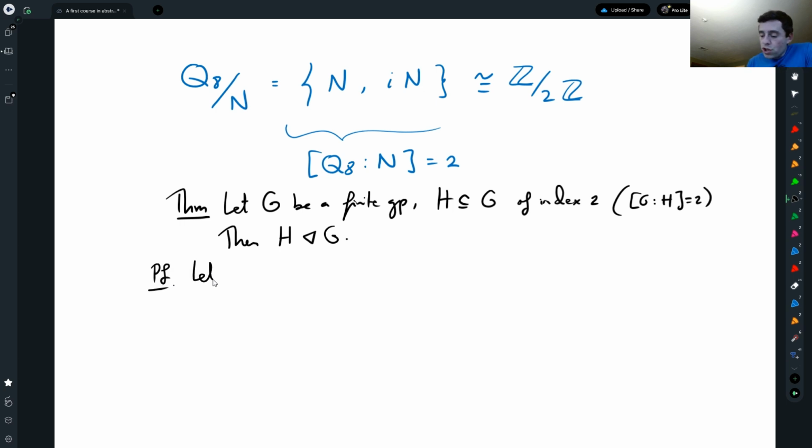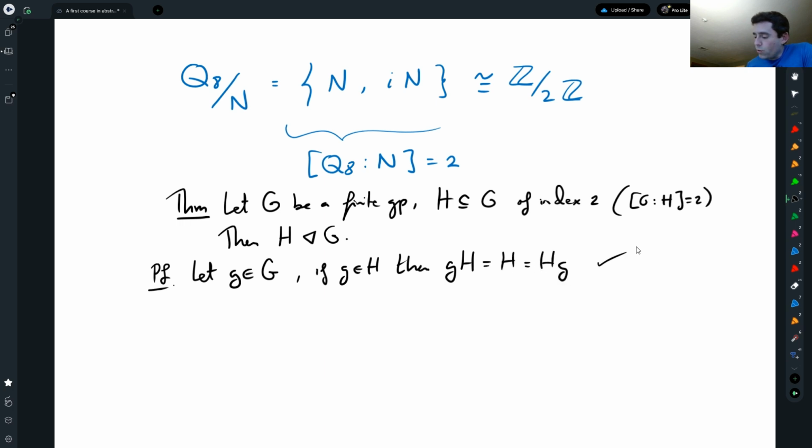So let g be in G. First of all, if g is in H, then automatically gH is the same as H is the same as Hg, and we get what I want. So suppose g is not in H.